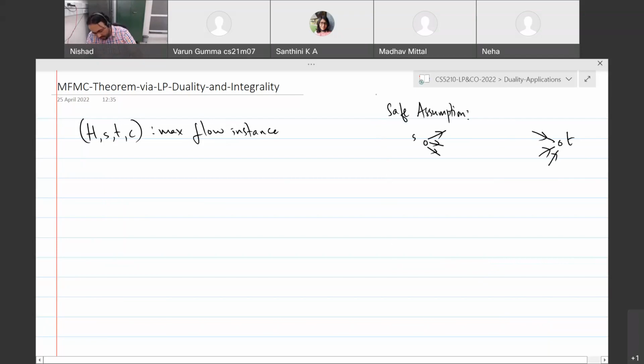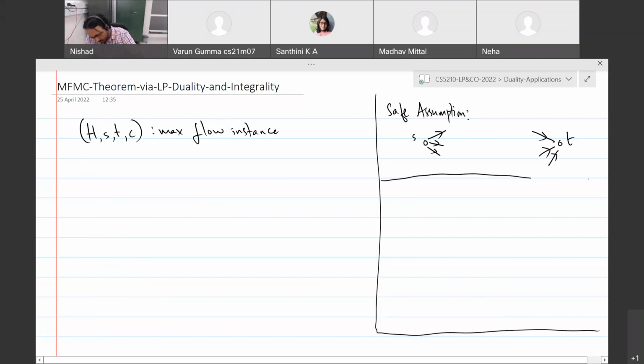Suppose you have a situation where S has both outgoing arcs and incoming arcs, and let's say the capacities are 3, 2, 1, and 6.